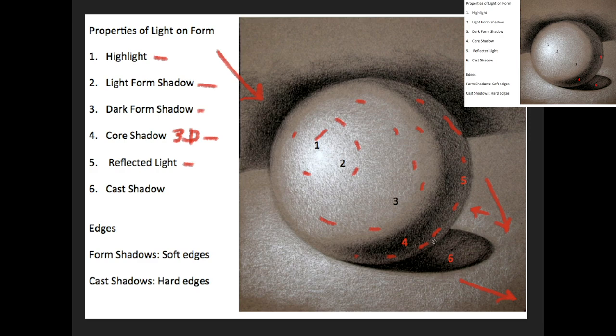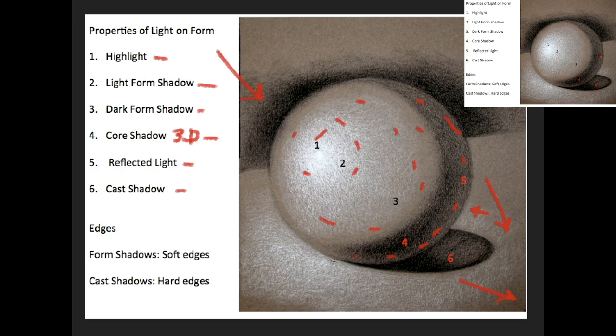So we have core shadow, reflected light, and then lastly cast shadow, which is the shadow shape, the harder edge shadow shape being created from the light source onto the object, and the object blocks enough of that light to give us this wonderful harder edged cast shadow shape, which is going to be quite dark the closer it is to the object itself.